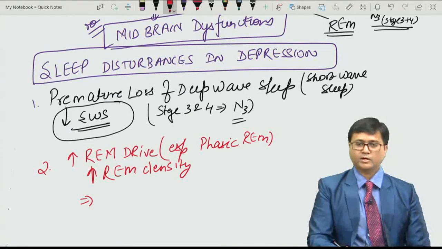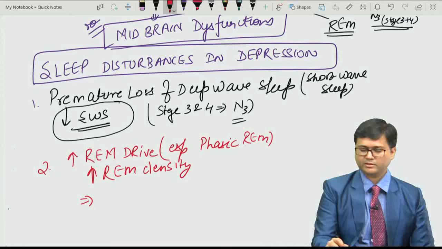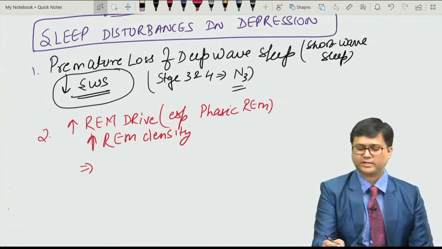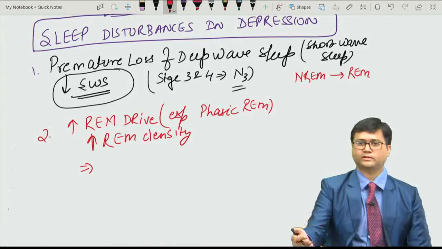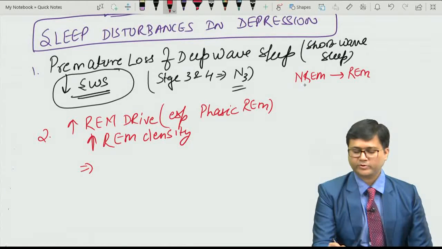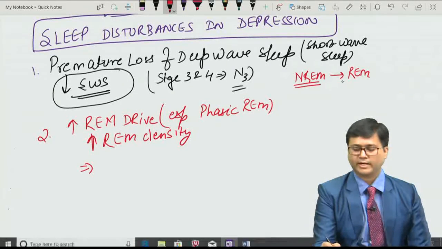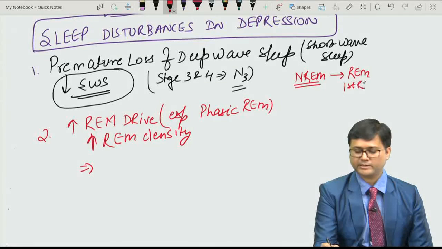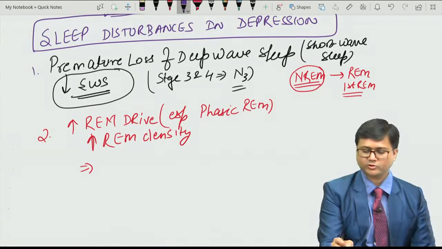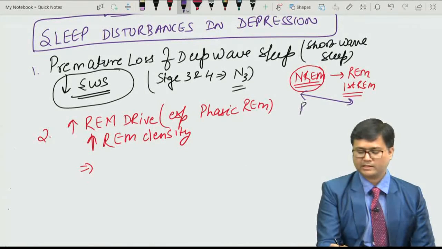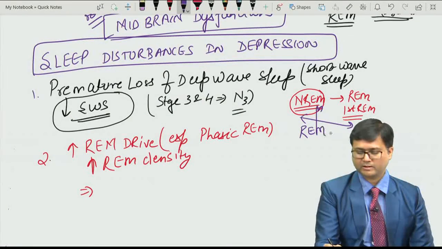And also now, initially the sleep starts with NREM, and then there is the first REM, and subsequently they alternate in the sleep. So, the time period from the NREM to start and the first REM to occur is known as REM latency.